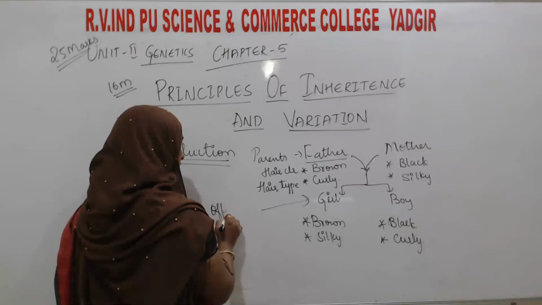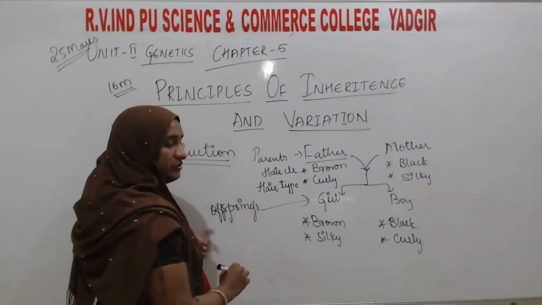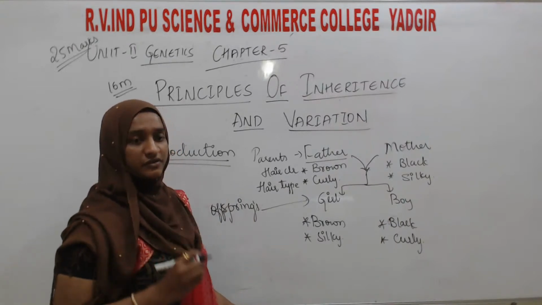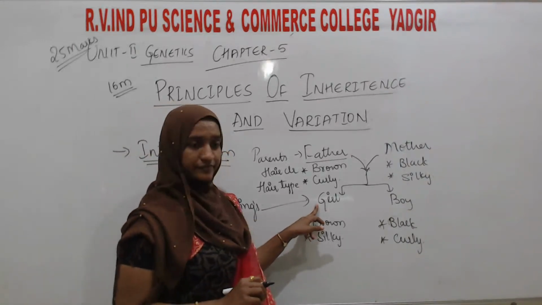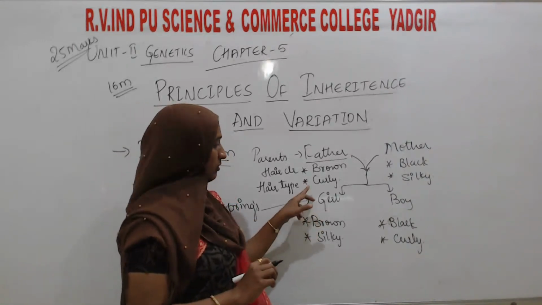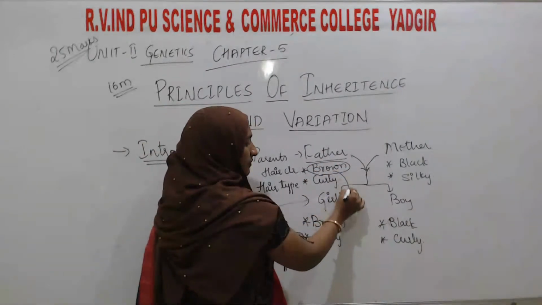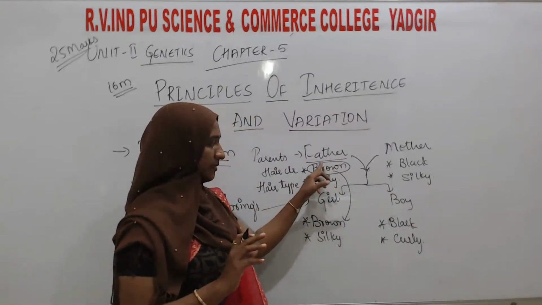Whatever the next generation the parents are going to produce, we can call them the offspring. Here in the girl, the character brown hair is coming from where?